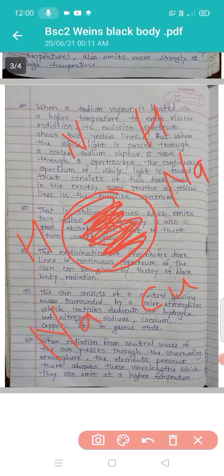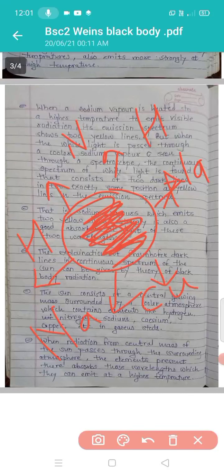When the radiation from the central mass of the sun passes through the surrounding atmosphere, the elements present in the cooler atmosphere absorb those wavelengths which they can emit at a higher temperature.